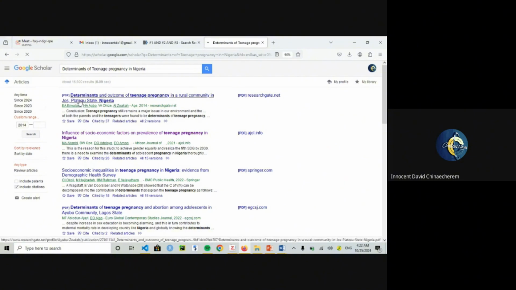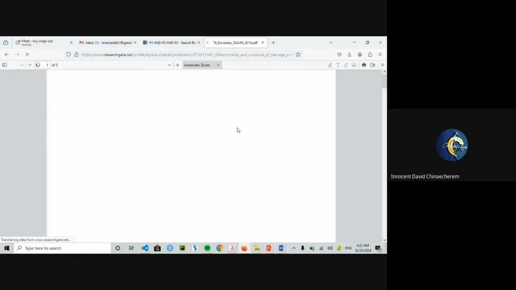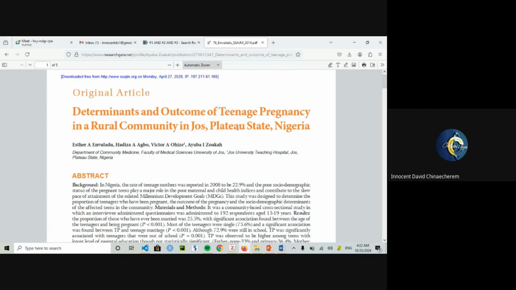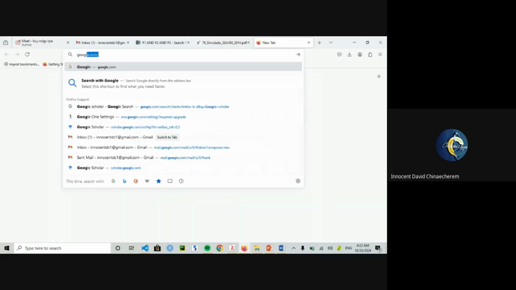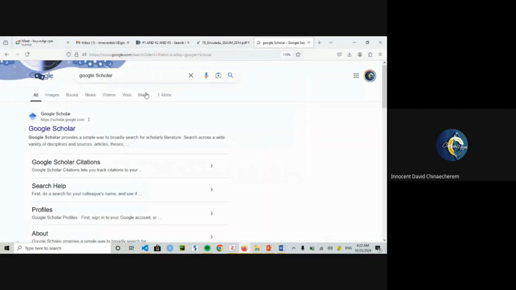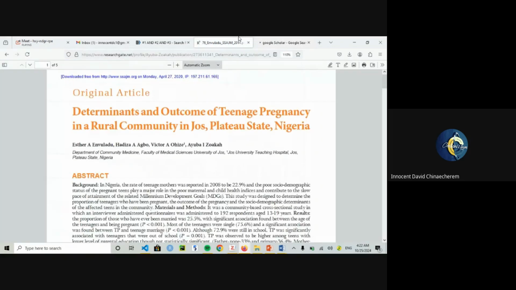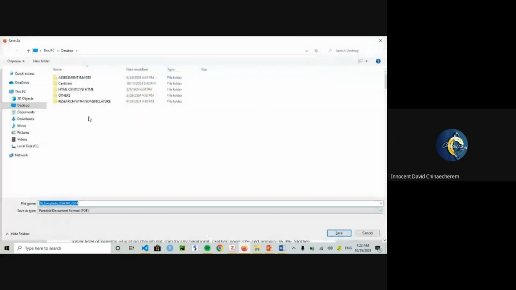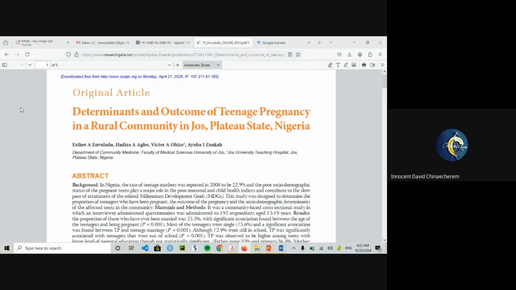Okay, so I have this paper as my first paper. So I move to the next. Just going to save that. Okay, I'm going to save that on my desktop. So come back.